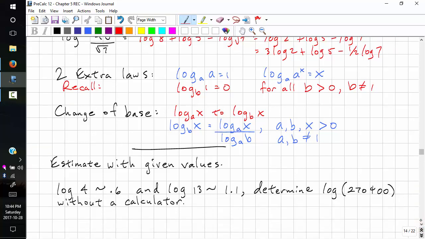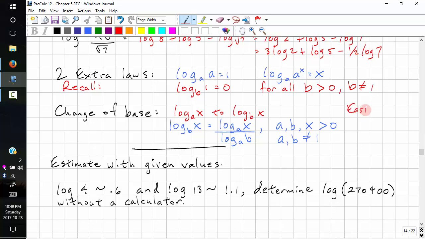Another useful logarithmic law is change of base. So if we want to change log base A of x to log base B of x, we have to use this formula. Log base B of x is going to be equal to log base A of x divided by log base A of B. And A, B, and x have to be greater than 0, and A and B cannot be equal to 1.